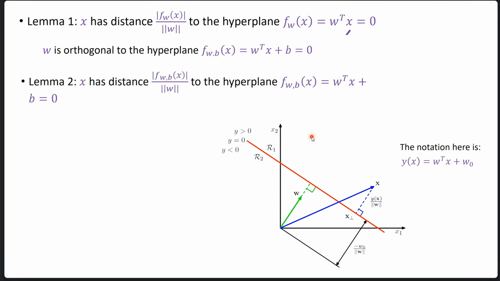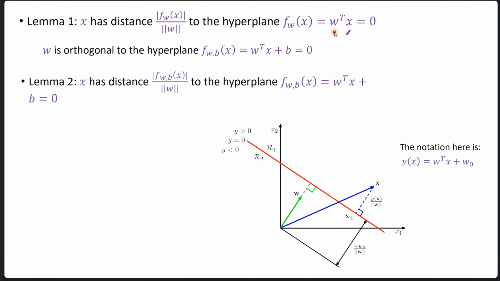Okay. So let's get back to geometry. Now let's say you have a point x and you have a hyperplane with the equation f of w. Now the distance of the point x from the hyperplane you can write as f of w of x divided by mod of w. Right, if you remember 2D geometry or even 3D, this was the equation.